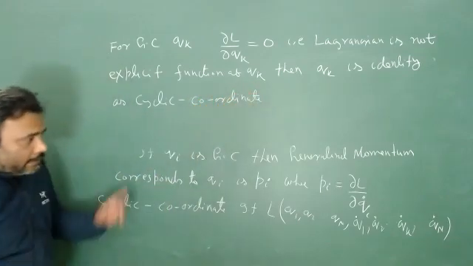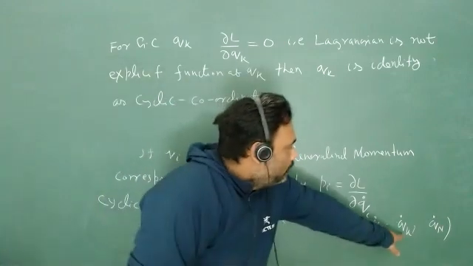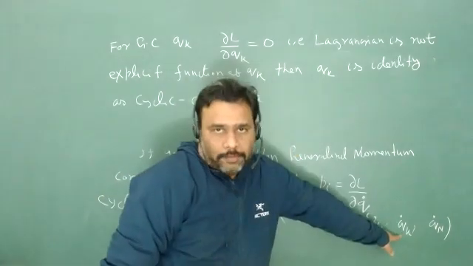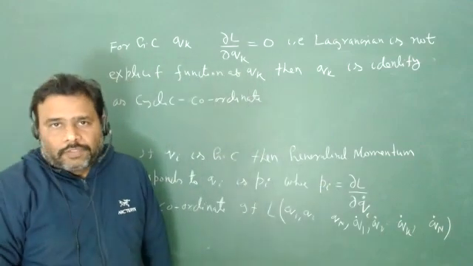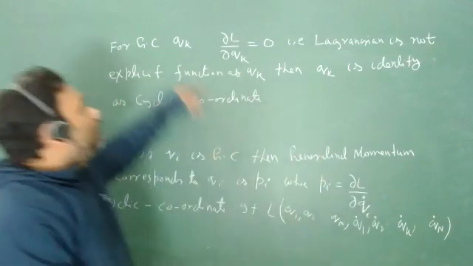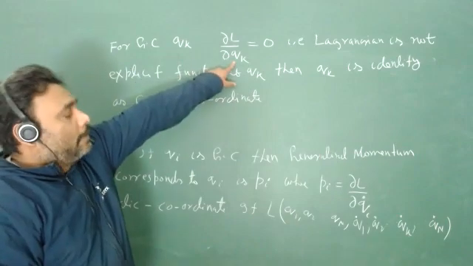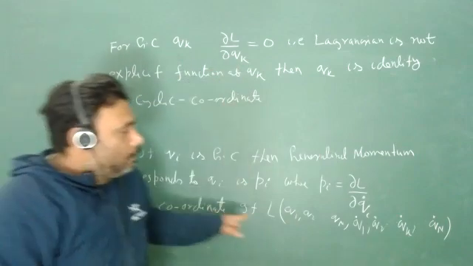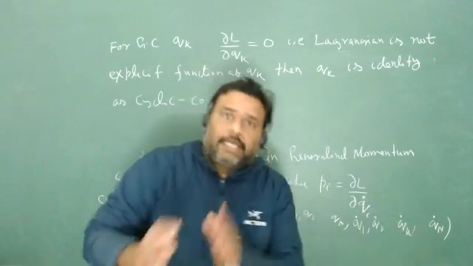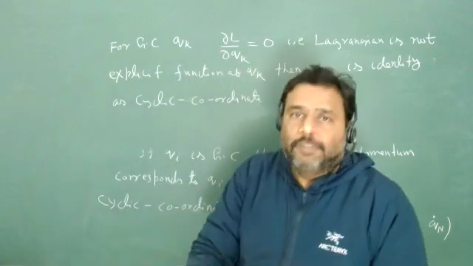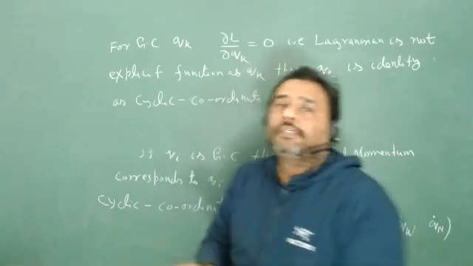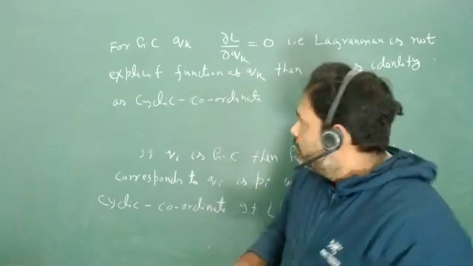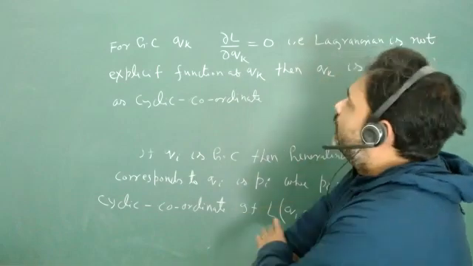Note that this Lagrangian is a function of the generalized velocity for qk, but it is not an explicit function of the generalized coordinate. This is the beautiful part. It is a generalized coordinate, but the Lagrangian is not an explicit function of it. Then qk is identified as a cyclic coordinate.